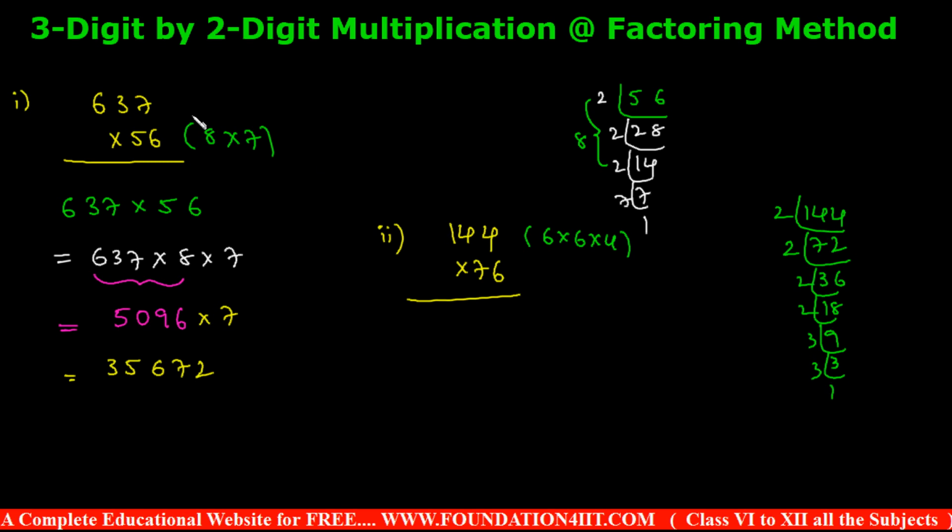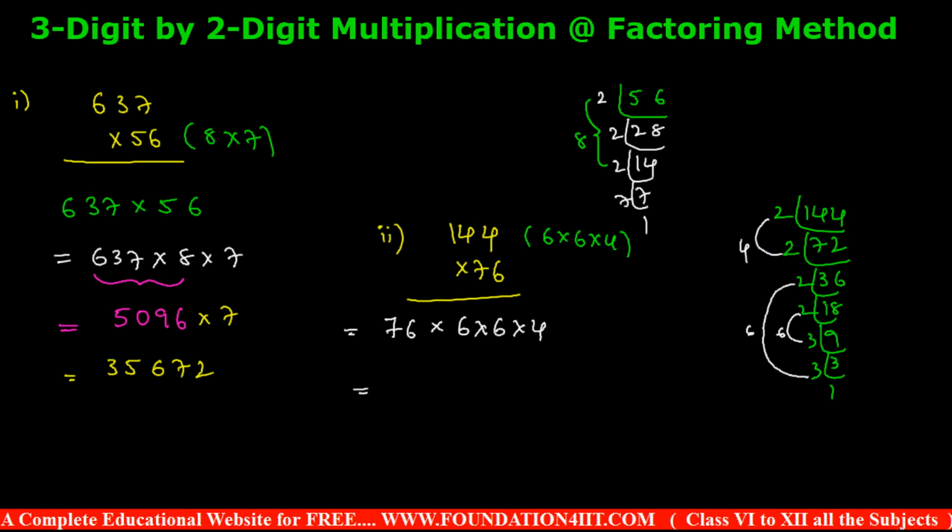So make it into single digits instead of so many. Just 3 into 2 is 6, 3 into 2 is 6, 2 into 2 is 4. Like this, whatever number is given, make it into a product of single digits. Then you can multiply. So 76 into 6 into 6 into 4 is the answer for this.